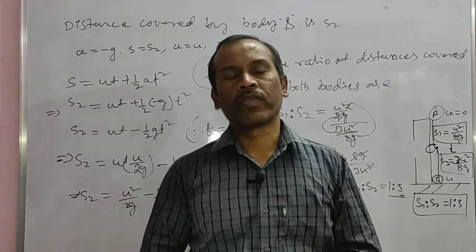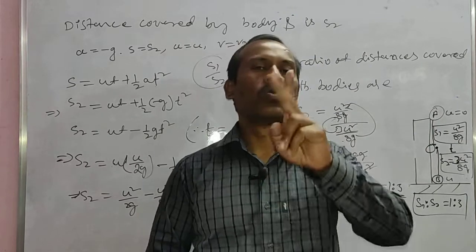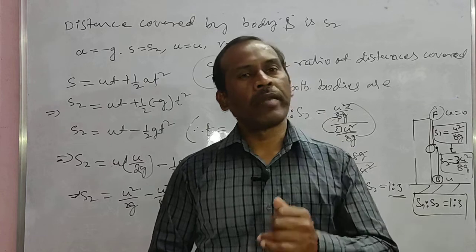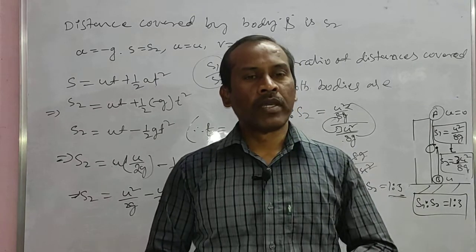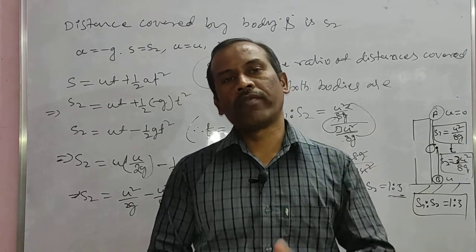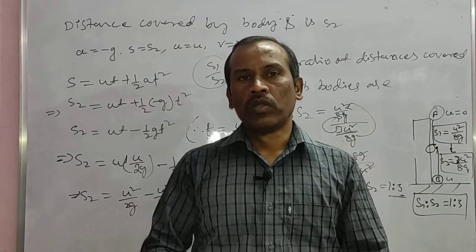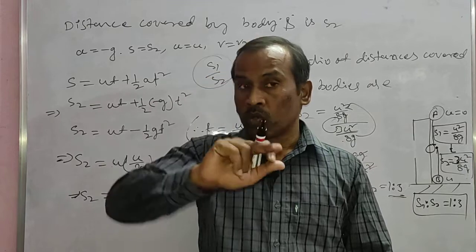A freely falling body passes through 2 points, for example point A and point B. The distance covered by the bodies in between the 2 points, and the time taken in passing through the 2 points.